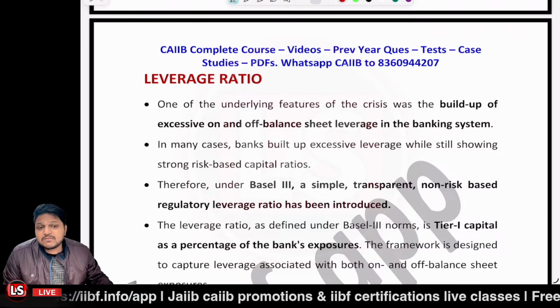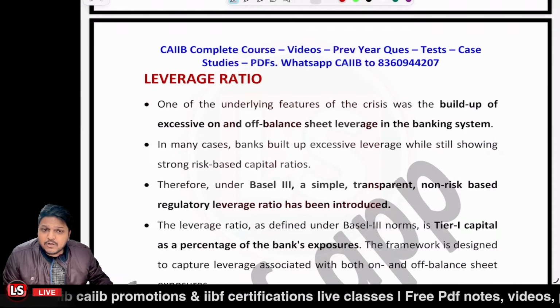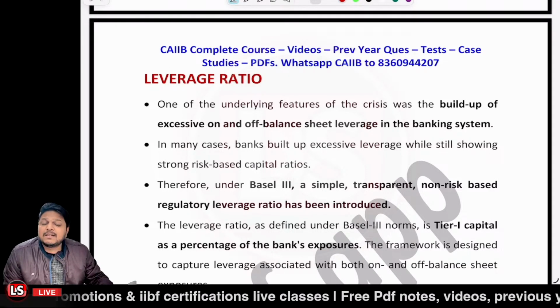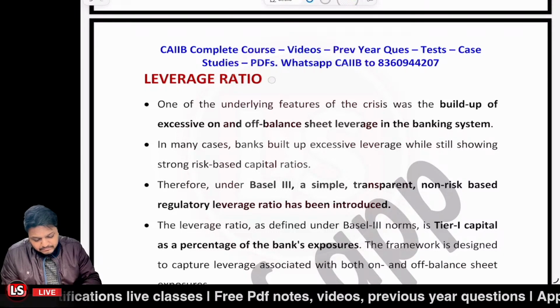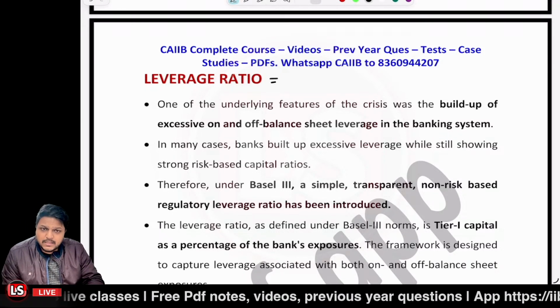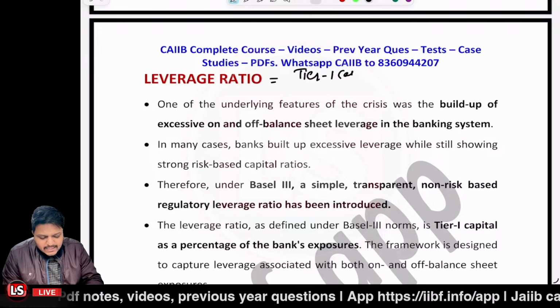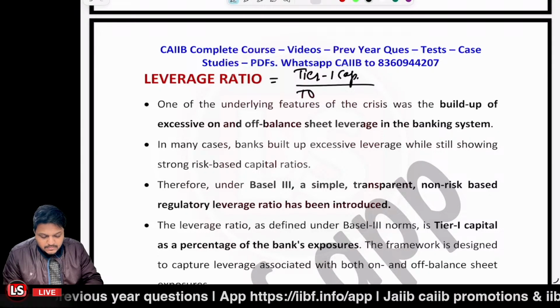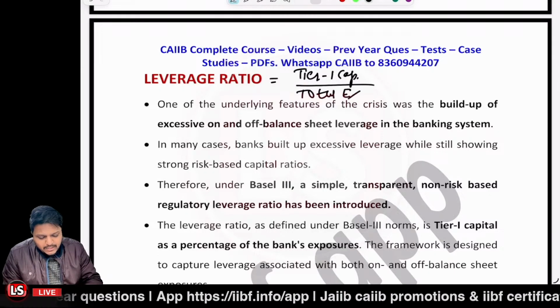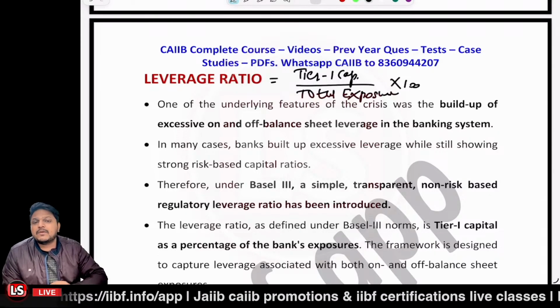So it is not left to the economy to decide whether to maintain the leverage ratio. The formula for the leverage ratio is very simple: total tier 1 capital, divided by the total exposure, multiplied by 100.